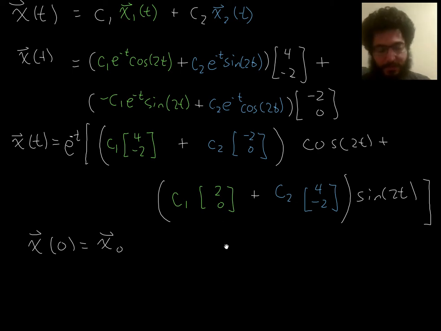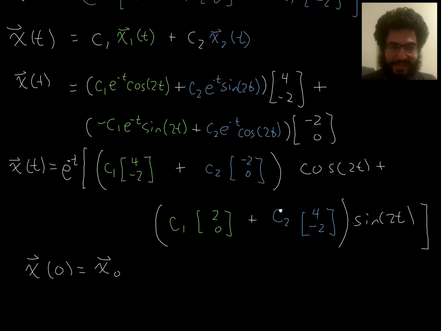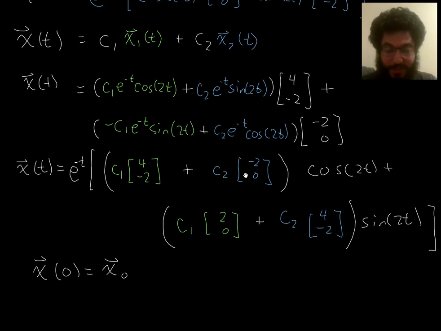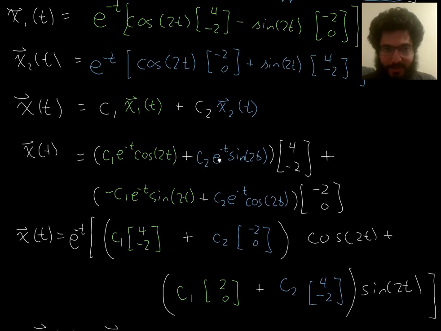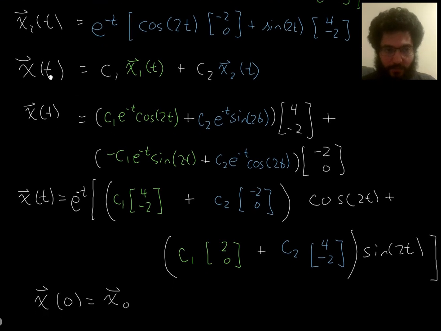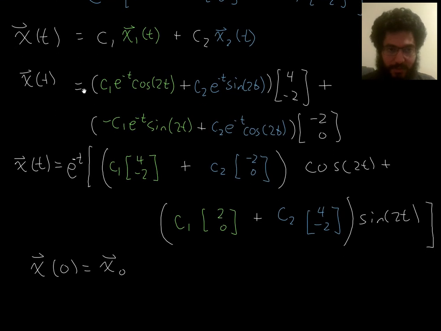Now let's see if I can use some linear algebra to make this not turn into a giant mess. So I have three choices for how I want to group the terms in my general solution. To remind you, these were my x1 and x2, some green thing here and some blue thing here. I can write c1x1 plus c2x2 like this, grouping it by these vectors.